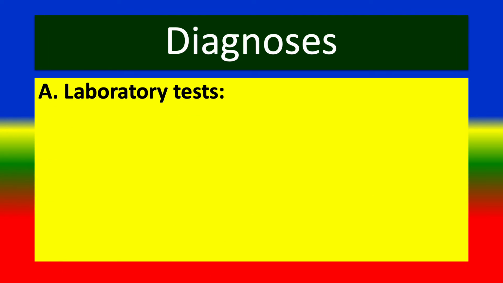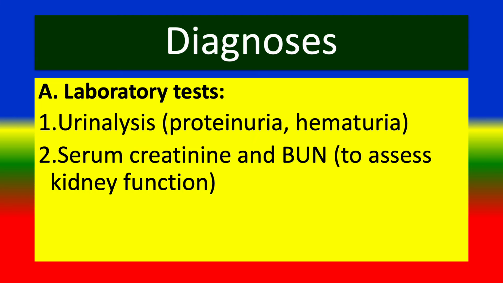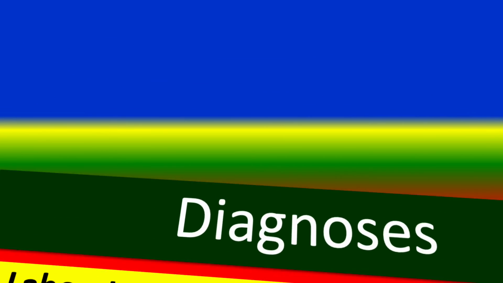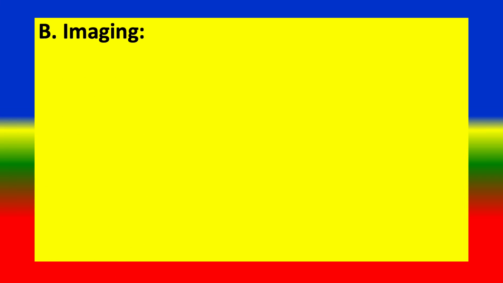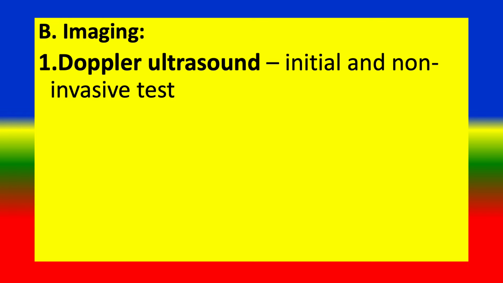Diagnosis. A. Laboratory tests. 1. Urine analysis: proteinuria, hematuria. 2. Serum creatinine and BUN to assess kidney function. 3. Coagulation profile. B. Imaging. 1.